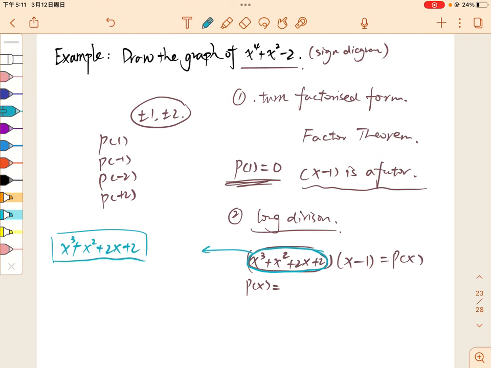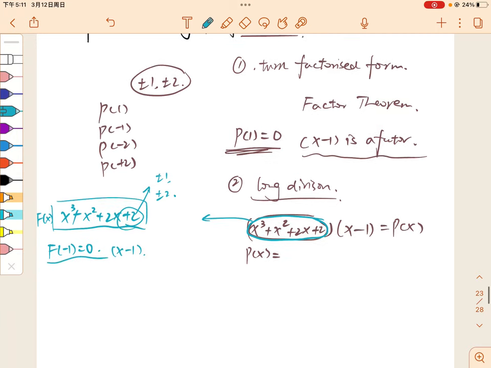If you use the factor theorem, you will find, if I say this is f(x), f(-1) is going to be equal to 0. So I try the factor of this one, -1 again. So you will find x plus 1 is a factor.